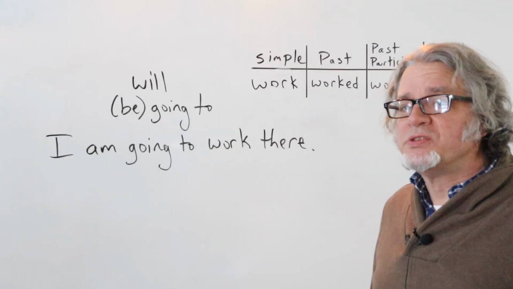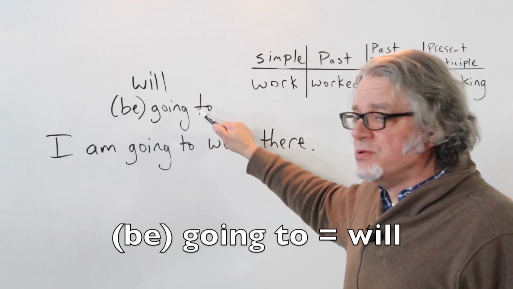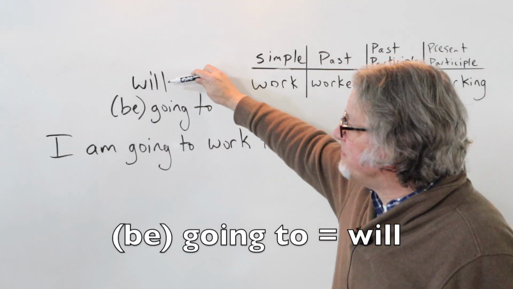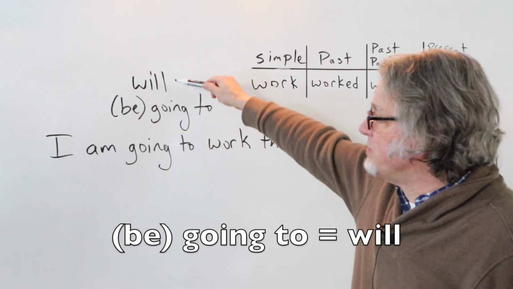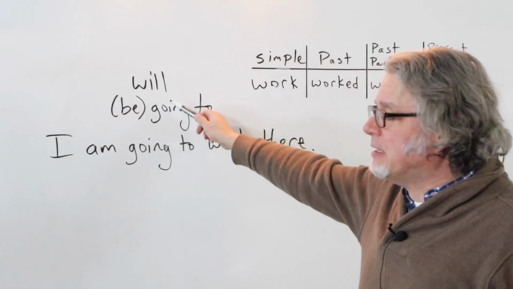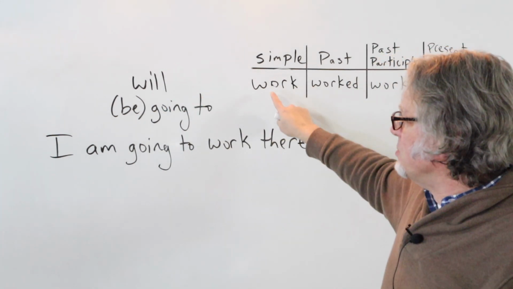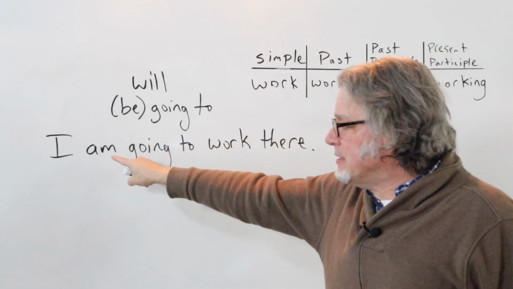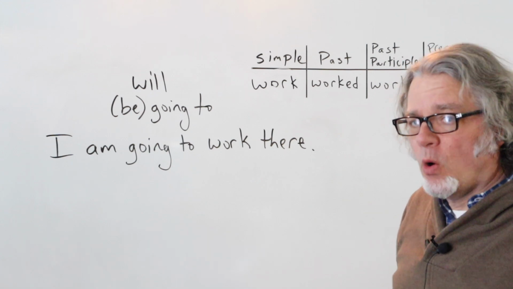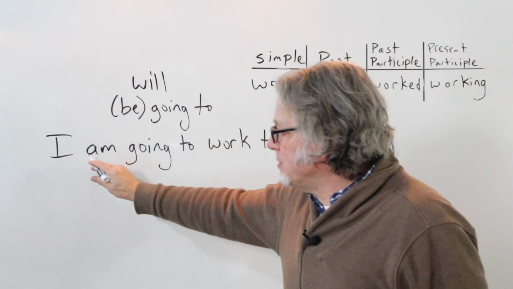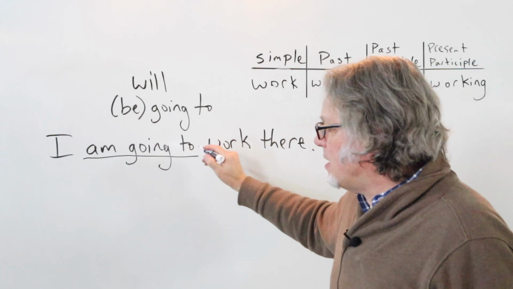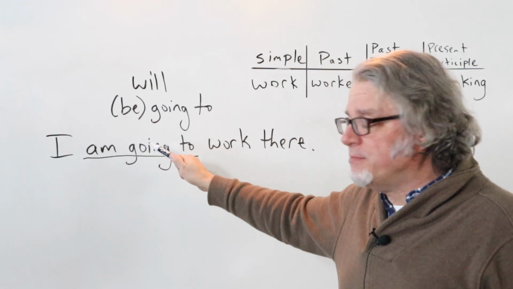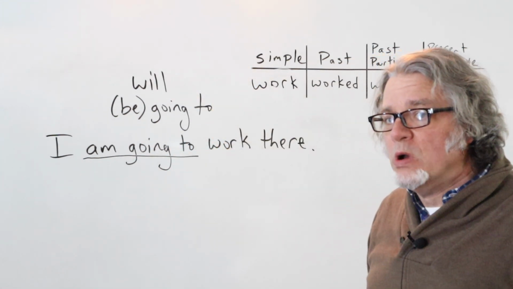It's important to consider that be going to can substitute for will. These are almost the same, and each is used with the simple form work. So in this sentence, I am going to work there. These three words are about the same as the word will.